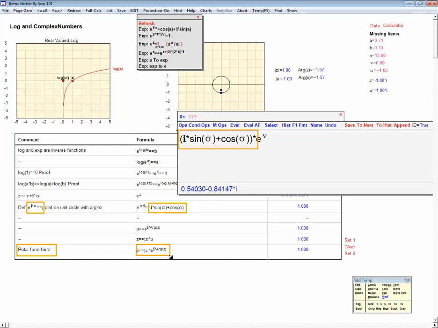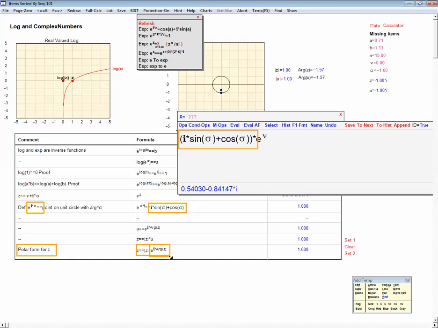One, the modulus of z, or the absolute value of z, or the norm of z, times e to the i arg of z, where, as we've stated, e to the i arg of z is some point on the unit circle. And the arg of z is the angle that z makes with the x-axis.